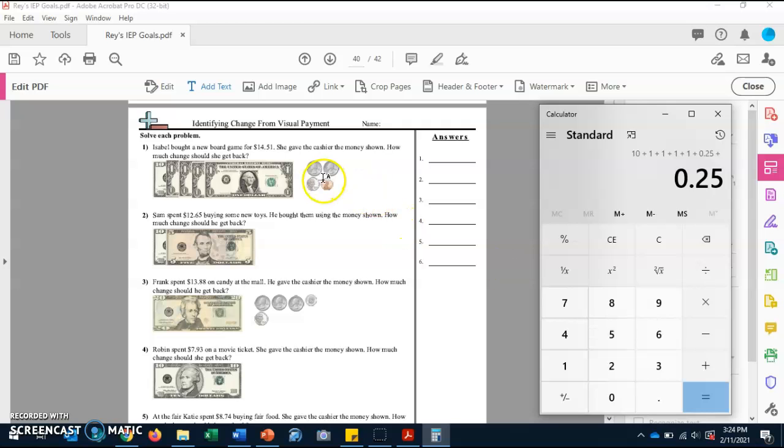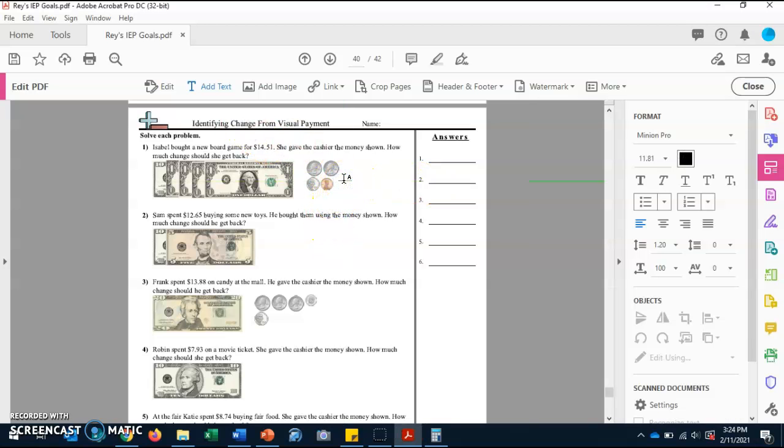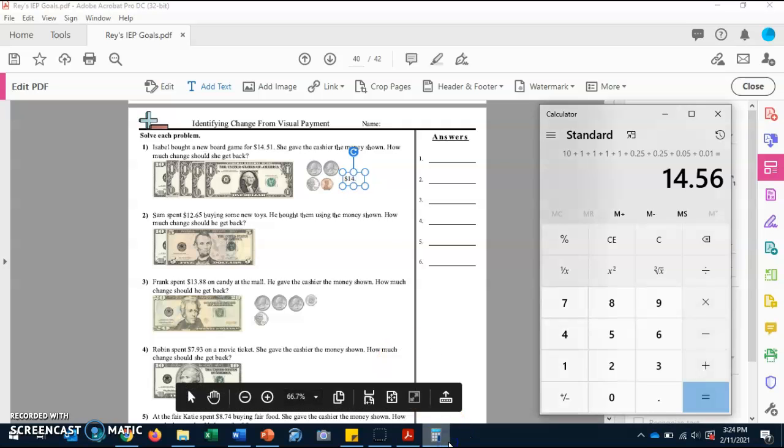And then we have a nickel, which we know that nickels are worth 5 cents, so that would be 0.05, and a penny, which would be 0.01 because it is worth 1 cent. And that means that we have here $14 and 56 cents.